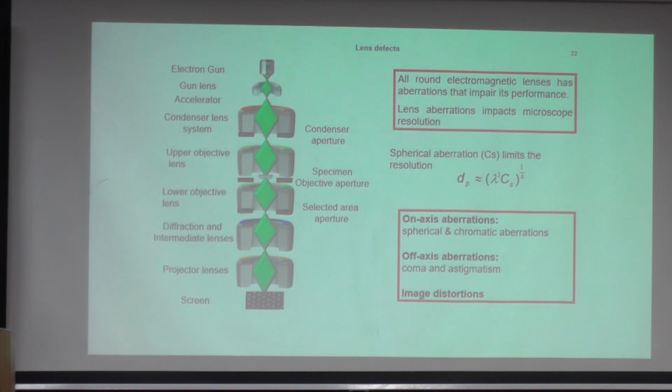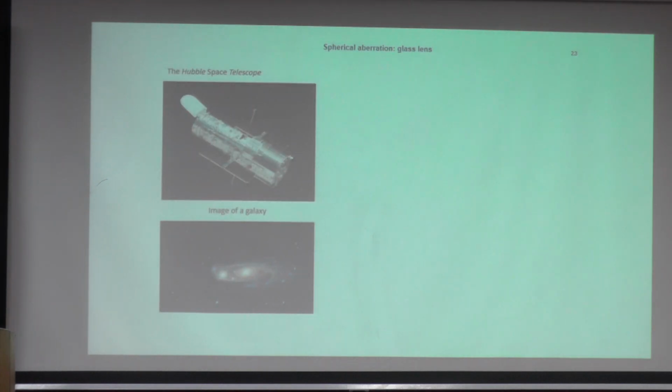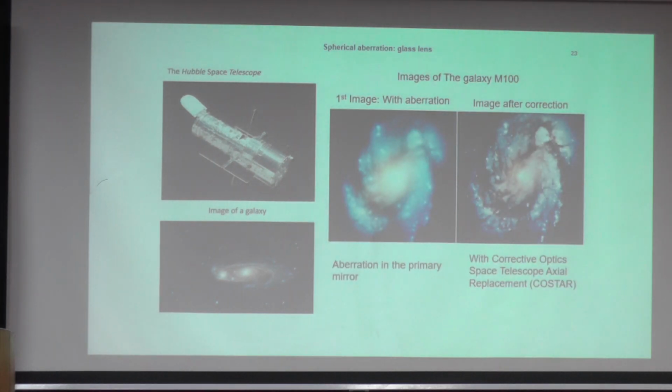Let us look at the effect of this CS value on the imaging. So this is maybe a story about the Hubble Space Telescope, which allows us to observe different galaxies. As it was constructed, here is the first image of the galaxy, like M100. They looked and found, oh yes, we can see it, but this image was blurred. And this was because of aberrations or defects of the lenses.